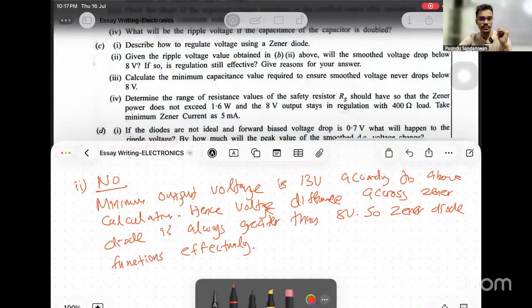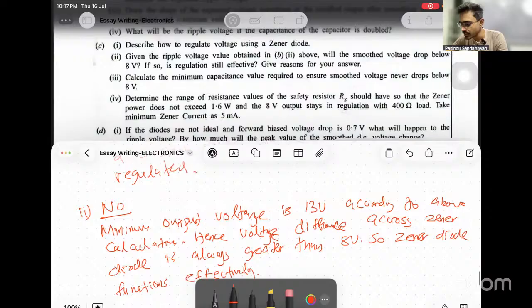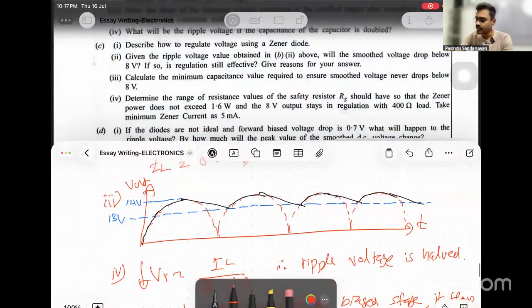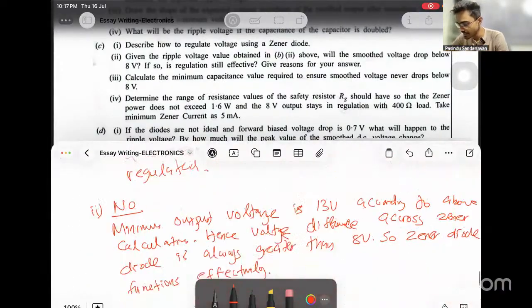If it never drops below 8 volts, then in this curve, the peak is 13 volts. If it is never going to drop beyond 8, the minimum value is 8 volts.